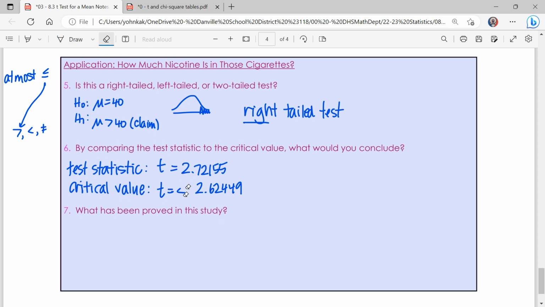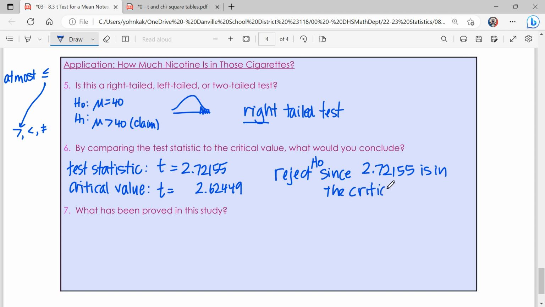Well, it looks like our test statistic is going to be in the critical region. So we are going to reject the null, since 2.72155 is in the critical region.